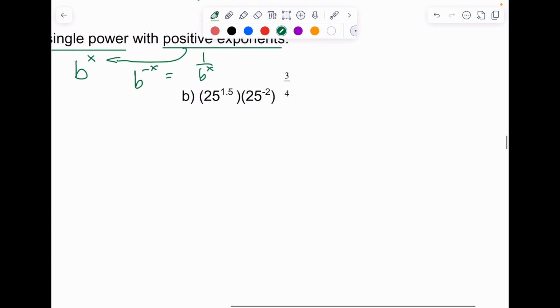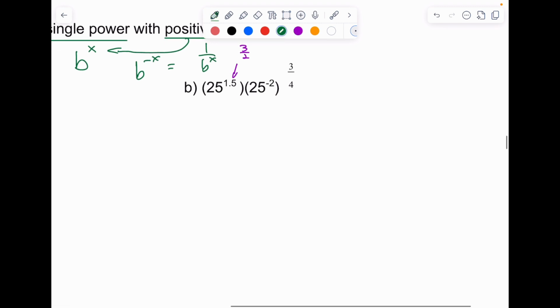B, 25 to the power of 1.5 times 25 to the negative 2, and that is put to the power of 3/4. So first, let's write 1.5 as a fraction, okay? So 1.5 is the same as 3 over 2.